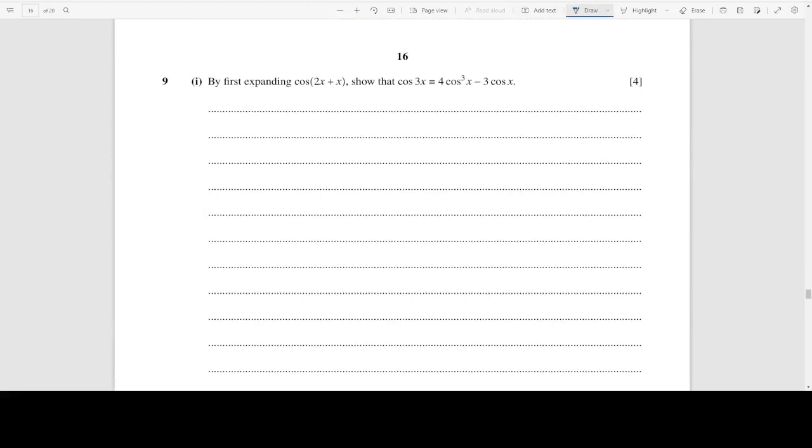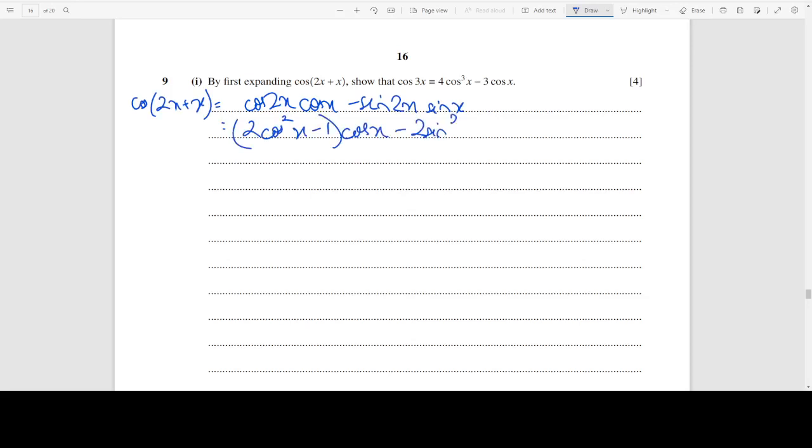By first expanding cos of 3x, we can just use the data booklet to expand. So this is going to be cos 2x cos x minus sin 2x sin x, which is the expansion for cos of 2x plus x. So this is 2 cos squared x minus 1 multiplied by cos x, minus 2 sin squared x cos x, which is 2 cos cubed x minus cos x.